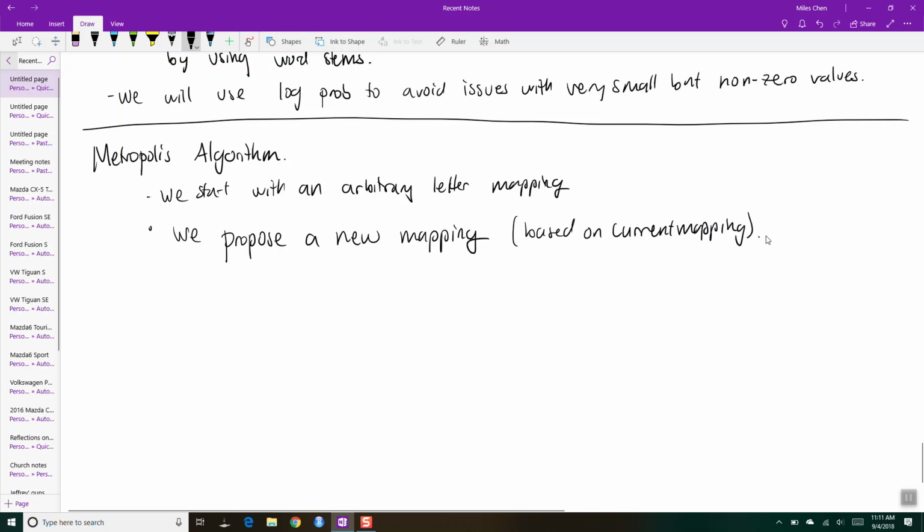So we propose a new value of theta based on our current value of theta. All I'm going to do is take our 26 letters in our current mapping, where A goes to K and B goes to, I don't know, G, and stuff like that. And then we're going to propose a swap.